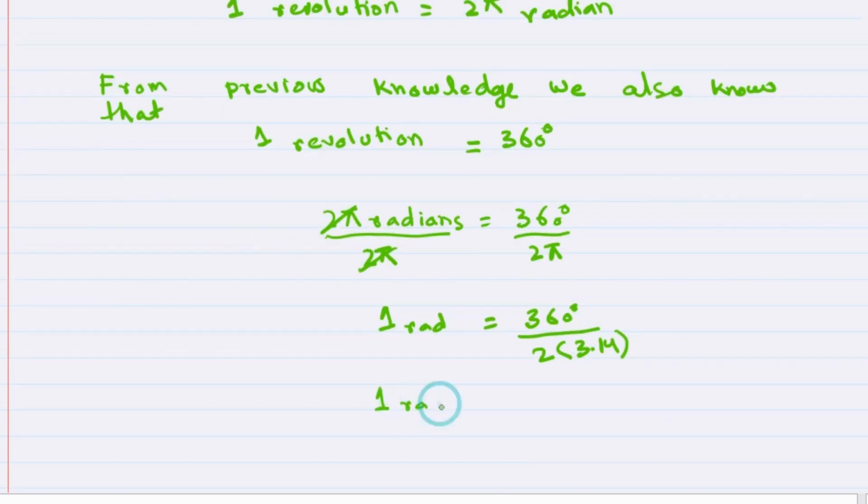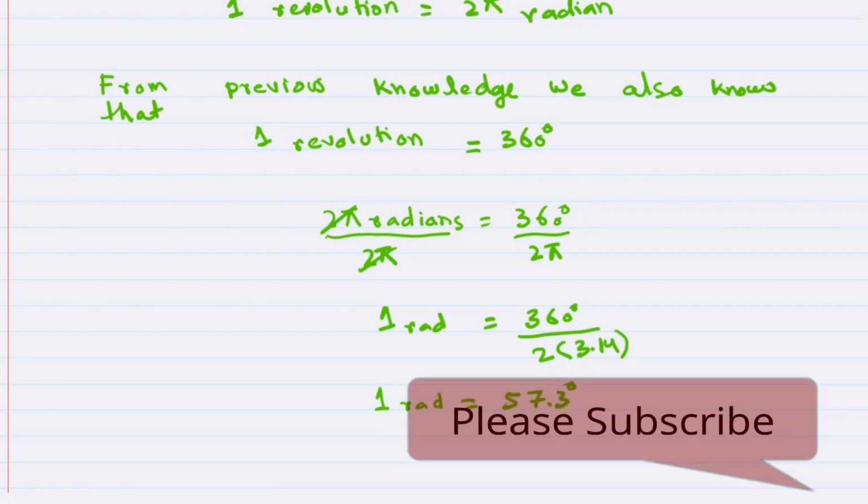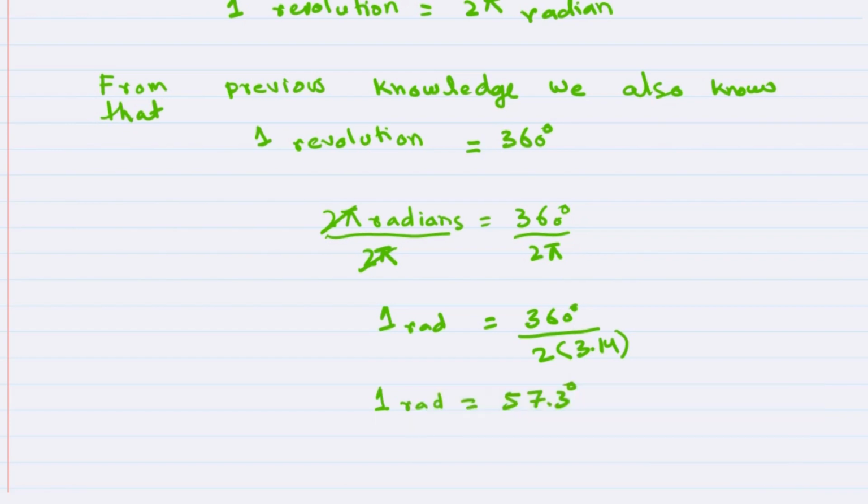So 1 radian is equal to 57.3 degrees. This is the conversion factor between the radians and degrees, as 1 radian is equal to 57.3 degrees. So whenever you want to convert radian into degrees or degree into radians, you can use this conversion factor.